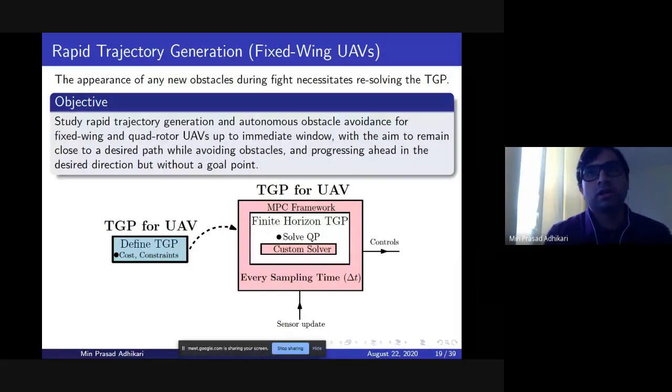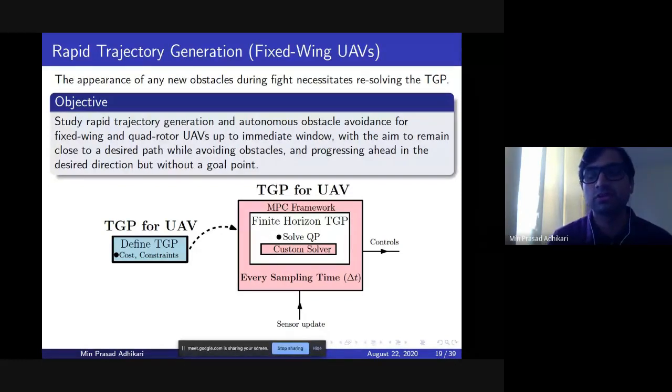When the distance between the initial and the goal points is really far, you will have a really coarse distribution of points, so there's a high chance that you might skip an obstacle in between when the node points are really far apart. So I'm taking the approach of a finite horizon trajectory generation problem.